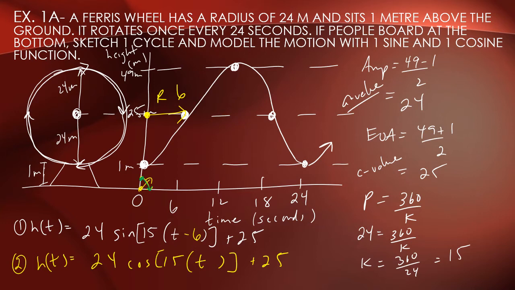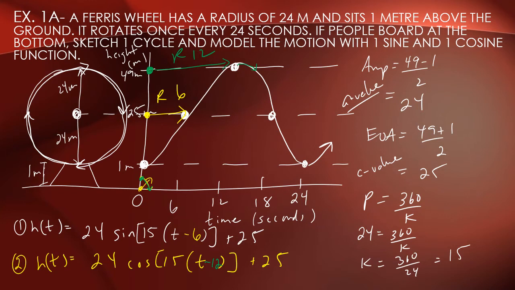Well, my max is here. That's as high as I get, 49. But my function's not on the y-axis. It's been shifted to the right 12. So that would be minus 12. And I'm going down like I should be, so I don't have to worry about making it minus.